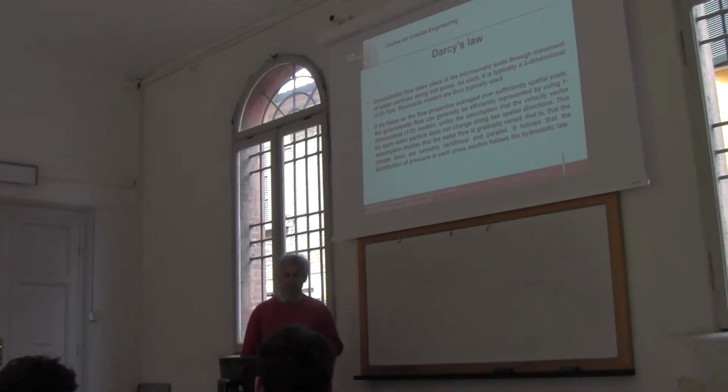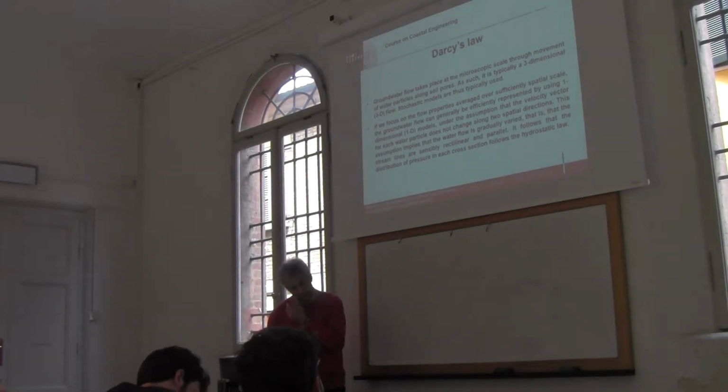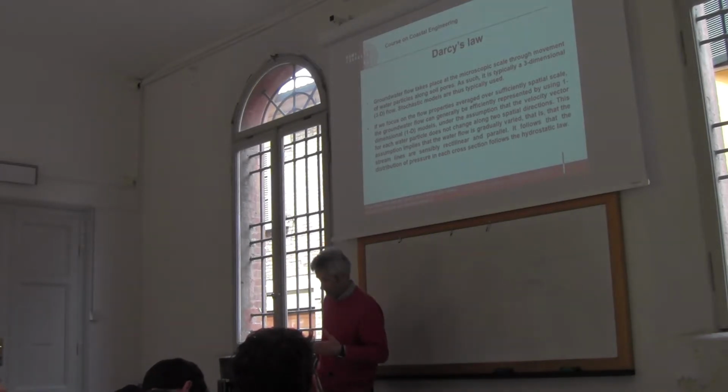What is the law which describes underground water flow? It's Darcy's law. Darcy's law, there is an explanation on my web pages, there is a link to Wikipedia. Darcy's law basically describes a water flow that takes place at the pore scale. It's extremely complicated.